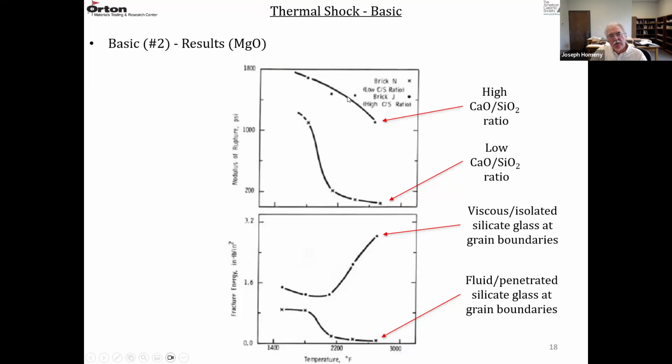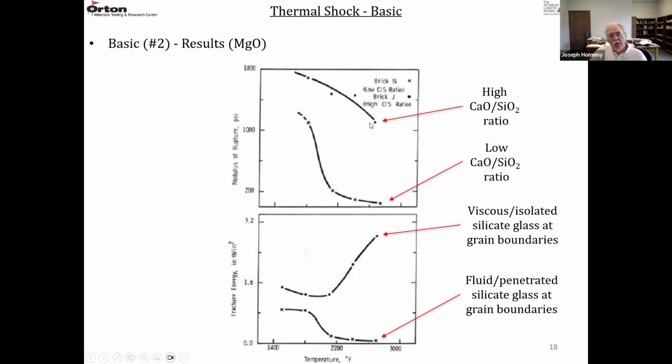So in this case, the high lime to silica MgO material has a much better strength as a function of temperature. Again, this is MOR versus temperature and fracture surface energy versus temperature. This one has low melting silicates, usually monticellite, merwinite. So this really falls off.